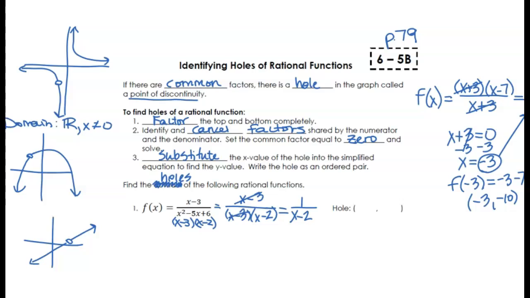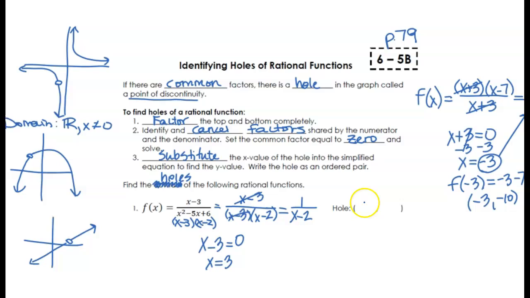So that's a simplified function, which will be easy later to substitute something into. But since I canceled out some common factors, that means that I could possibly have a hole, right? So I need to look where x minus 3 equals what? Equals 0. So I need to look where x equals positive 3. Good.